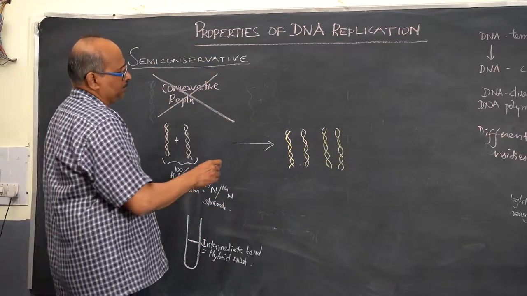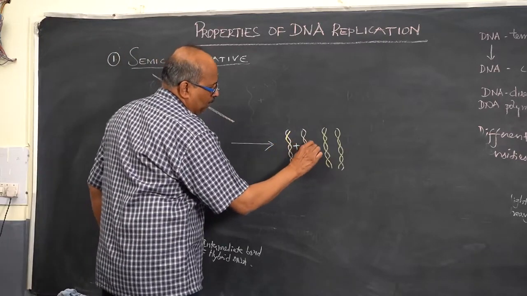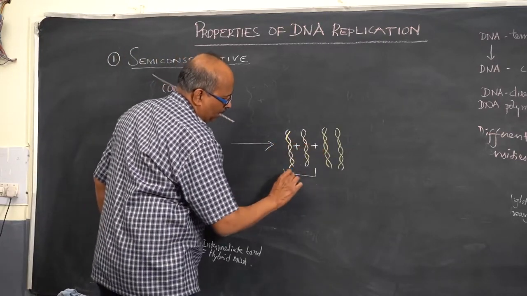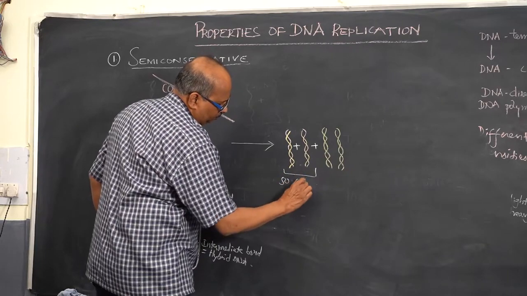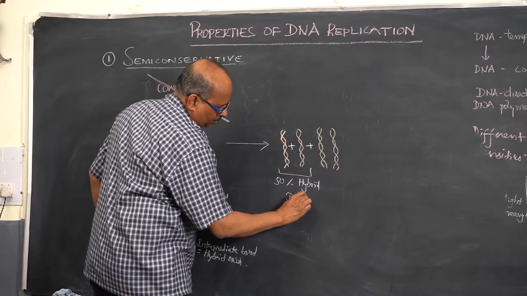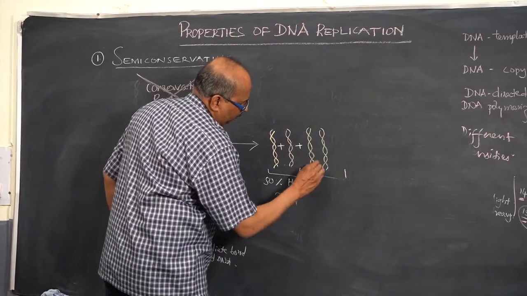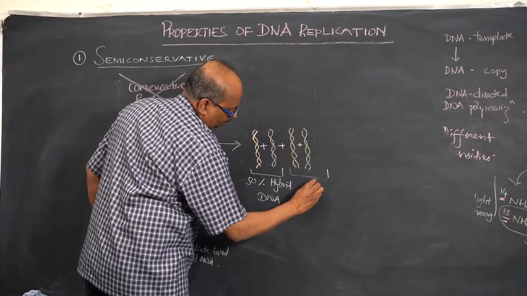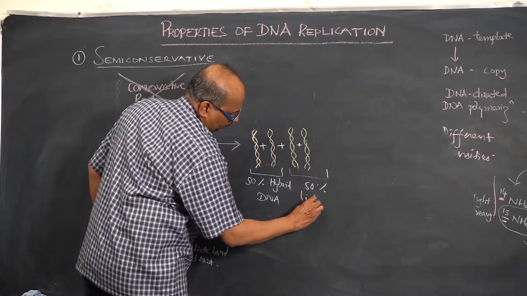So we got 50% hybrid DNA and 50% lighter DNA.